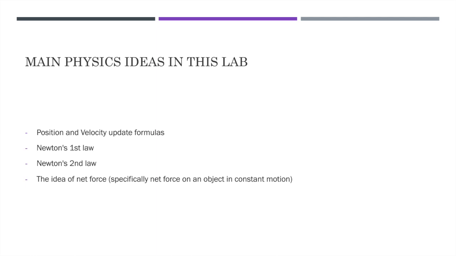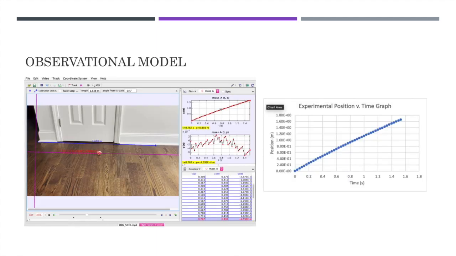So for my observational model, I used the Tracker software to track my physical ball in a recording of my experiment and compute data from the experiment. As you can see on the right, the position and time graph shows a somewhat linear graph.